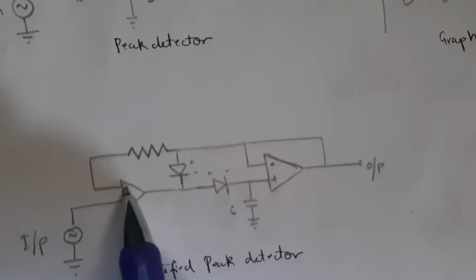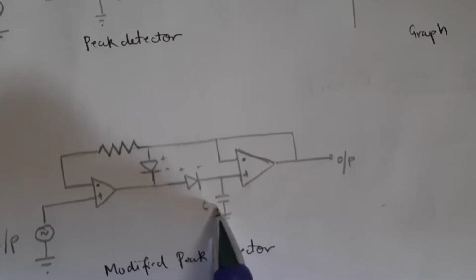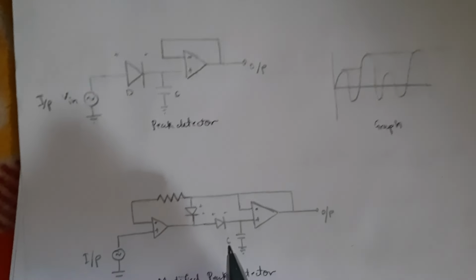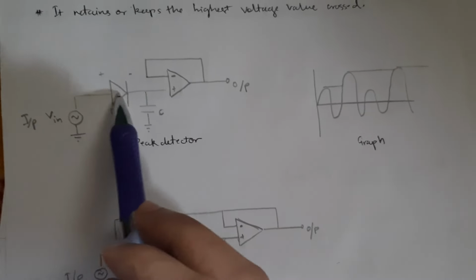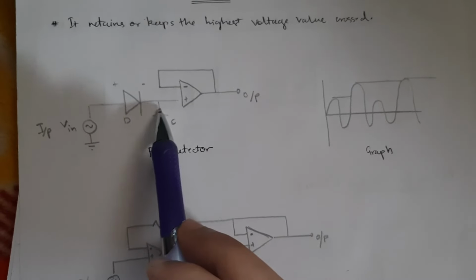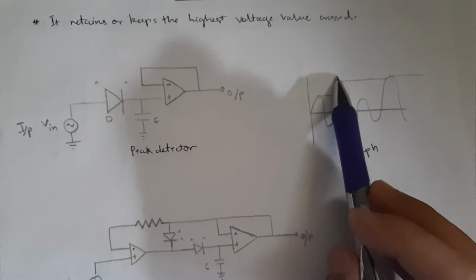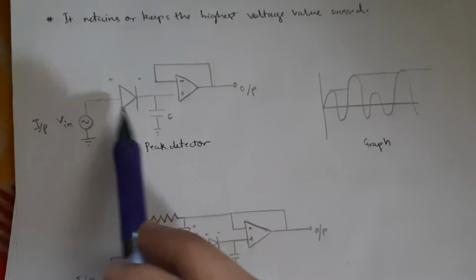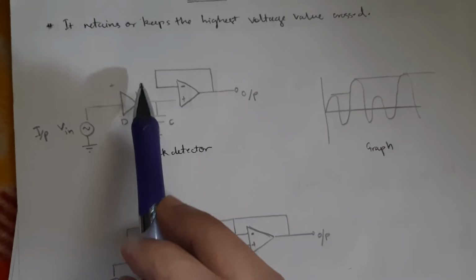So it is providing a feedback, and it will not go to negative saturation, meaning it is maintaining the value of the capacitor charges here. It's not that important, but you should know the general principle: the charges come here in forward bias and get stored, and when the voltage goes negative, it will retain all the charges, and if the voltage increases more than the previous value, it will store more charges. In reverse bias, it will not conduct and it will not decrease either, because it's not conducting.